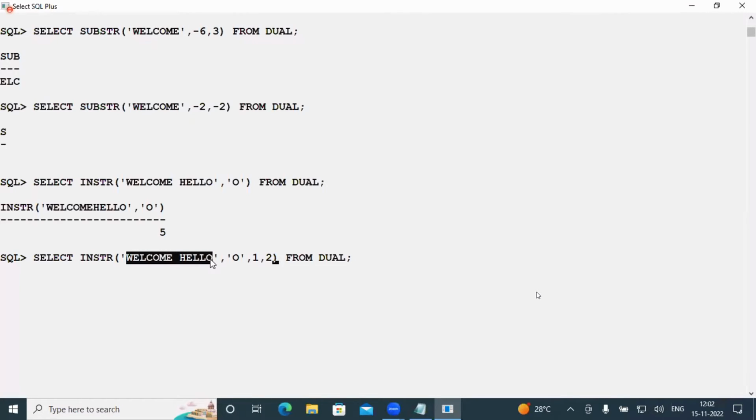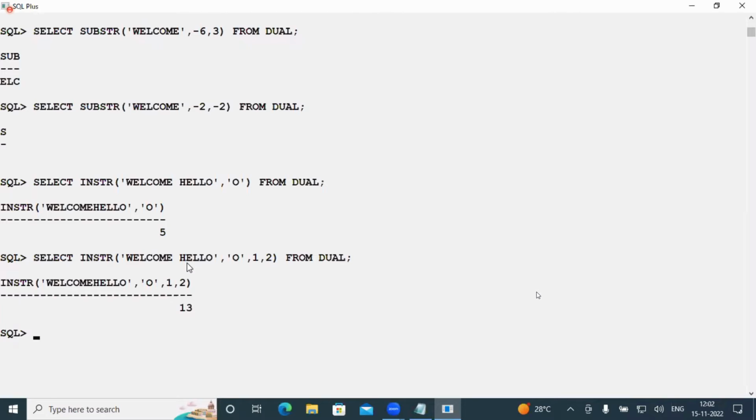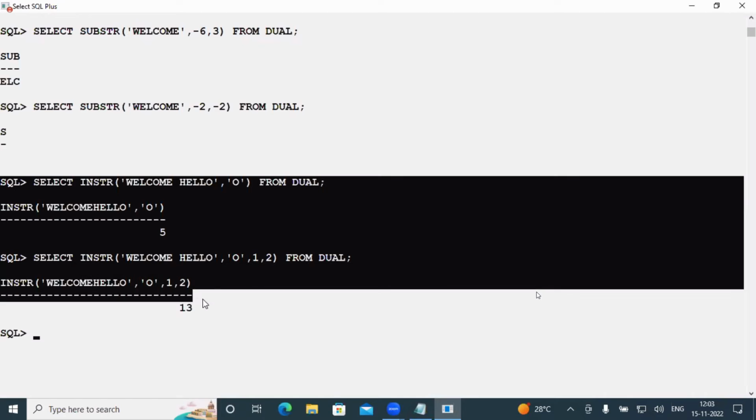This is the second O. So from the starting onwards, my second occurrence position number is 13. Come on, guys. Understand now? These two examples, understand or not? First tell me.